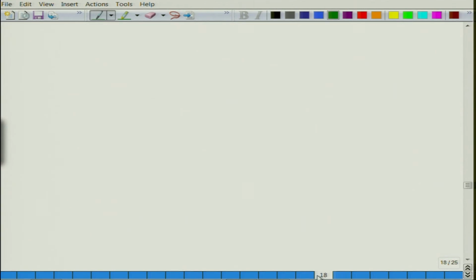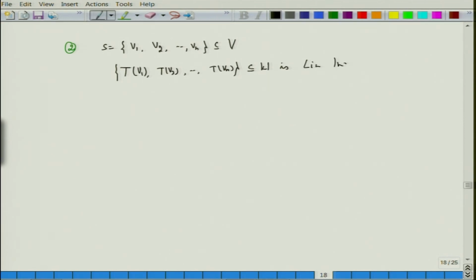The second theorem was that, suppose S is some set, V1, V2, Vn, a subset of V, and I have been given that T of V1, T of V2, T of Vn, a subset of W, is linearly independent.